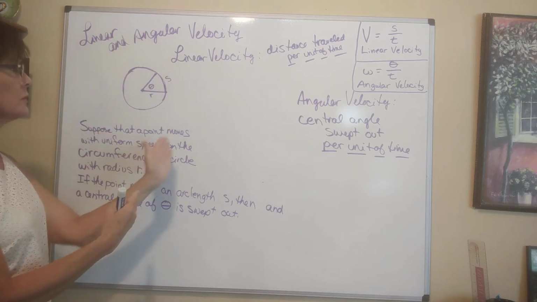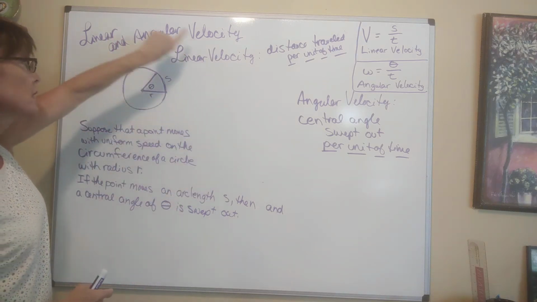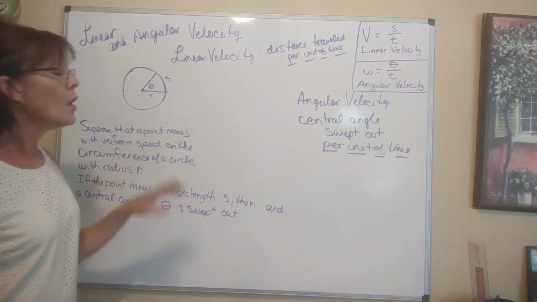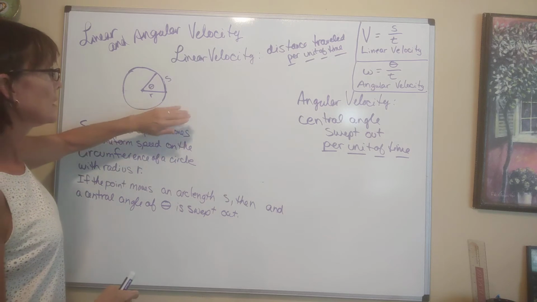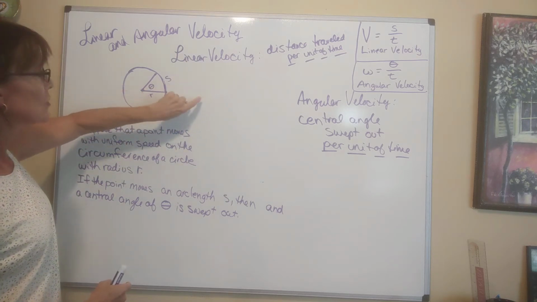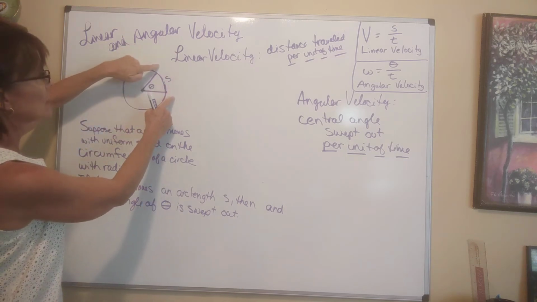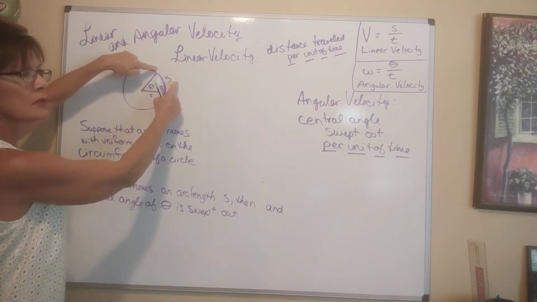Well, the speed at which it's going around the circle can be thought of in two ways. One way is how much physical distance is being covered. If you measure this arc length, it would be measured in something like centimeters or inches.